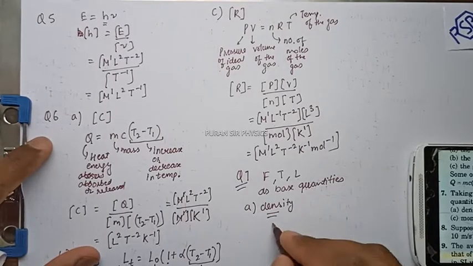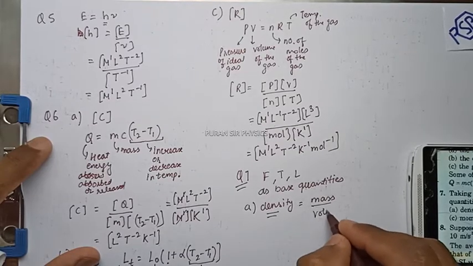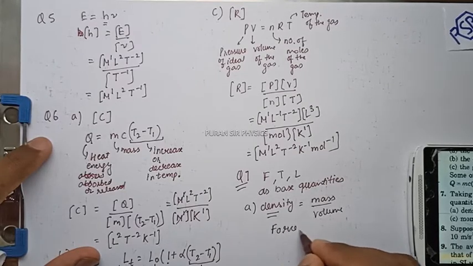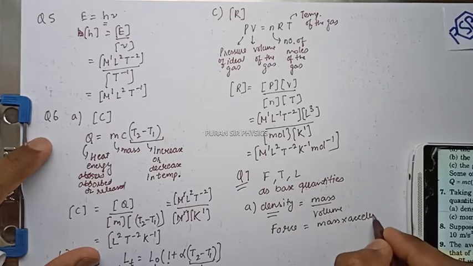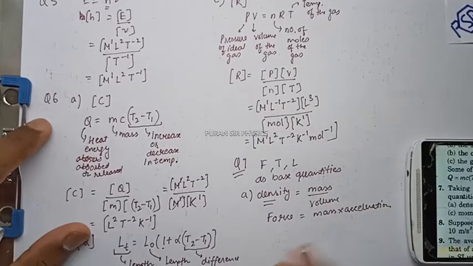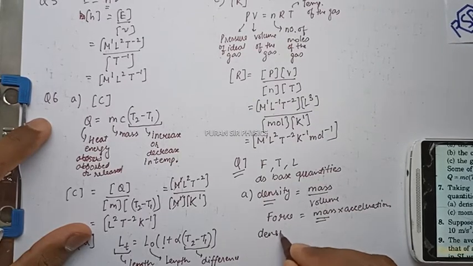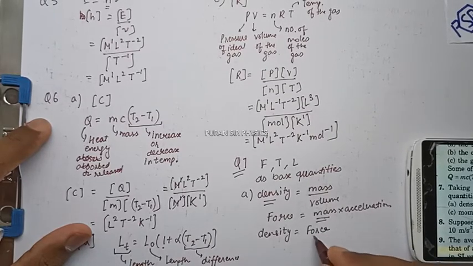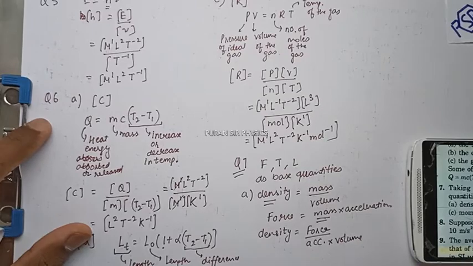Okay, so we know that density is equals to mass upon volume, and we also know that the force is equals to mass into acceleration. So from here if we substitute mass here, density will be force upon acceleration into volume.